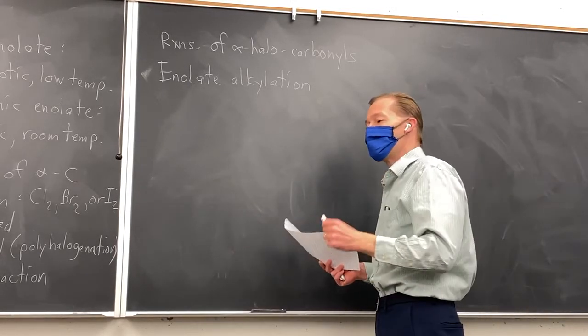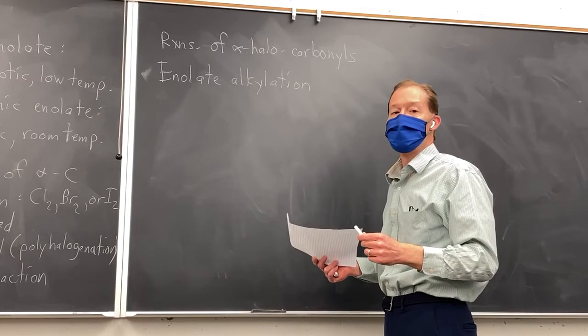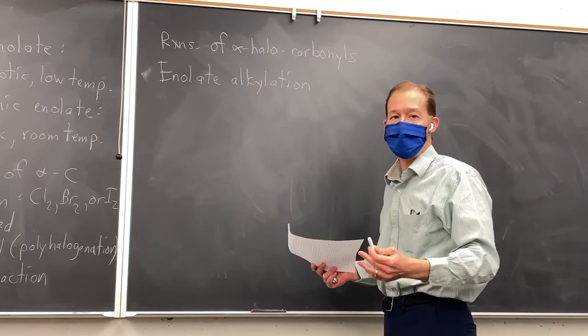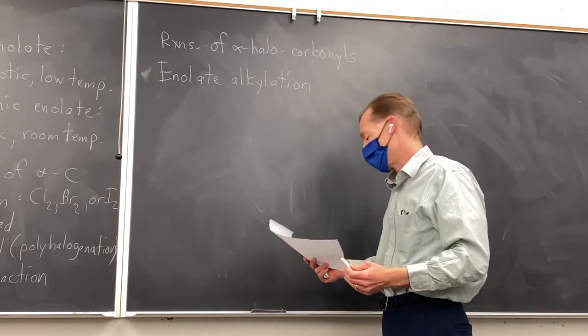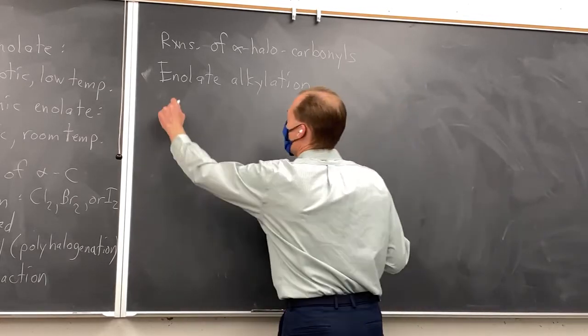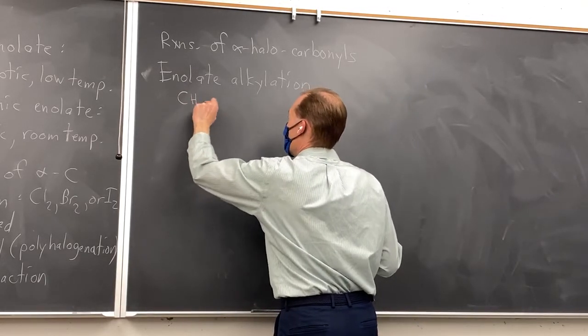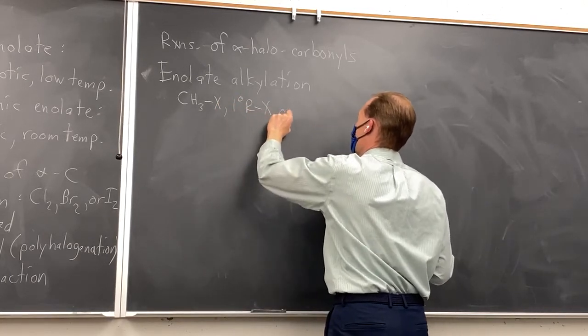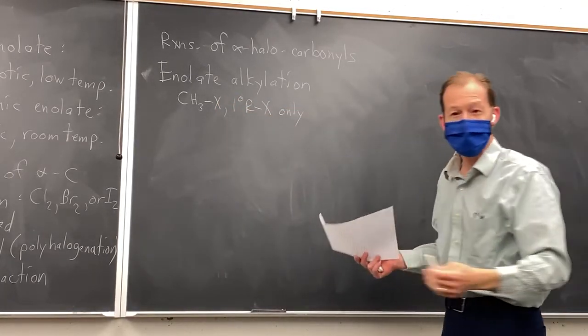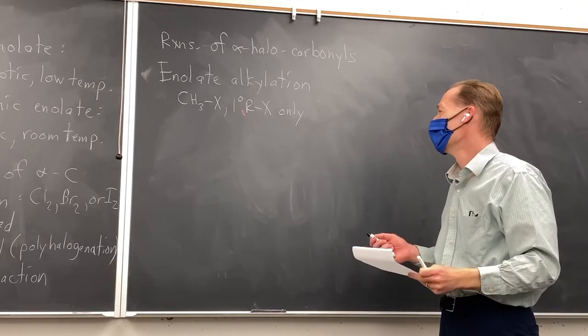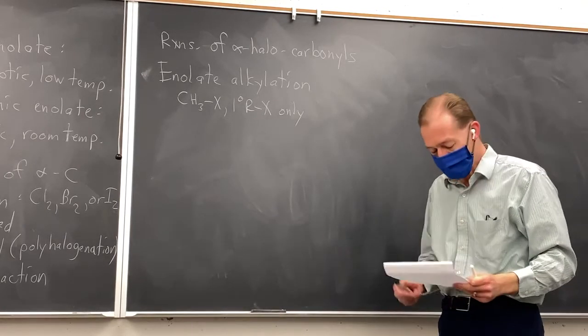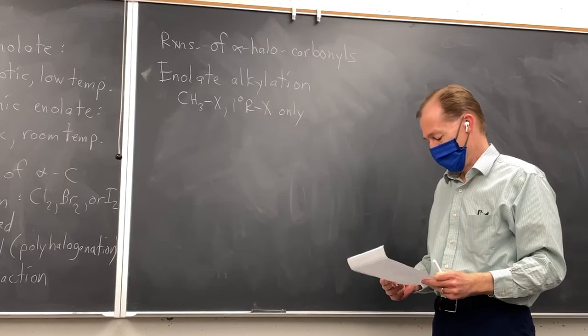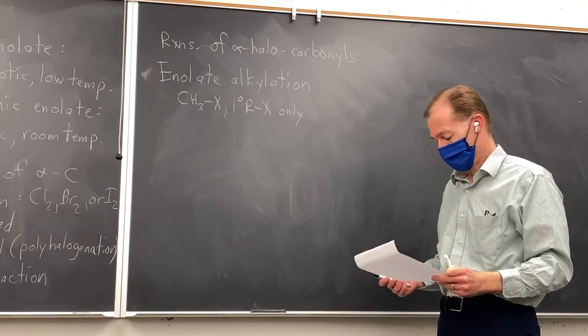But there were some restrictions here because the enolate is much more basic than the nucleophiles we saw with SN2 reactions last semester. We're restricted to methyl halides and primary alkyl halides in this reaction. The secondary alkyl halides would undergo elimination due to the high basicity of those enolates.